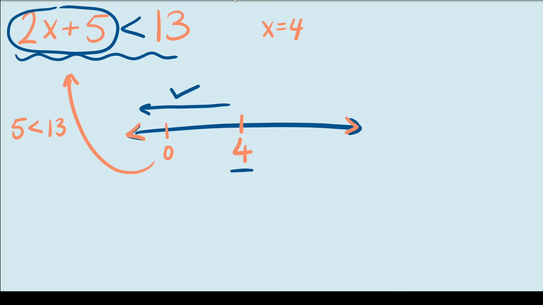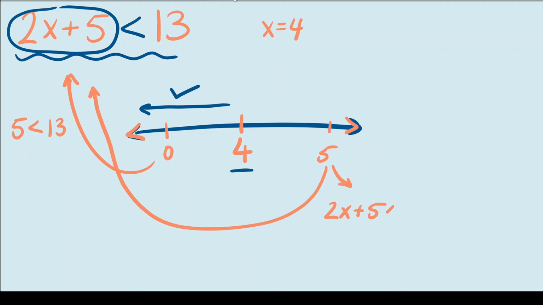Now let's try everything on the right side, or all values greater than 4. Just to make things easy, I'm going to pick 5. When I plug 5 back in to the original inequality, what I get is 2x plus 5 is less than 13, and x equals 5, so I have 2 times 5 plus 5 is less than 13.